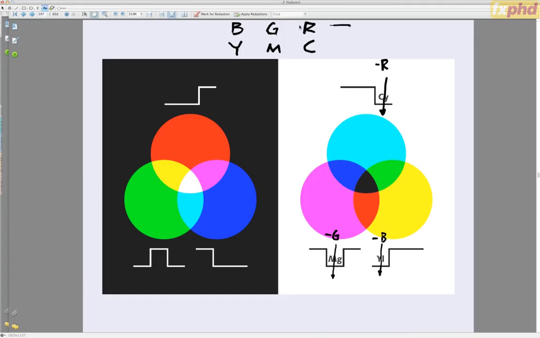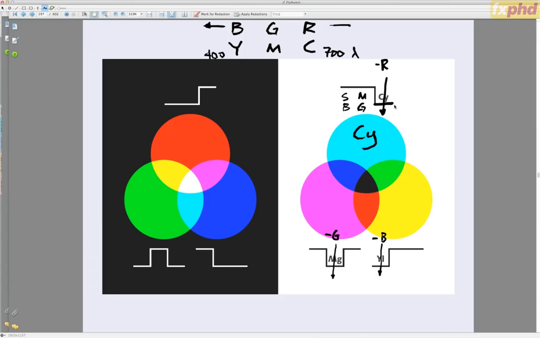Now here I'm laying them out in what you might think is the reverse order, but I'm going from shortwave 400 to long wave 700. This is in wavelength order. So if you remove the long waves, you get short plus medium. In other words, you sort of get blue plus green, which is cyan.